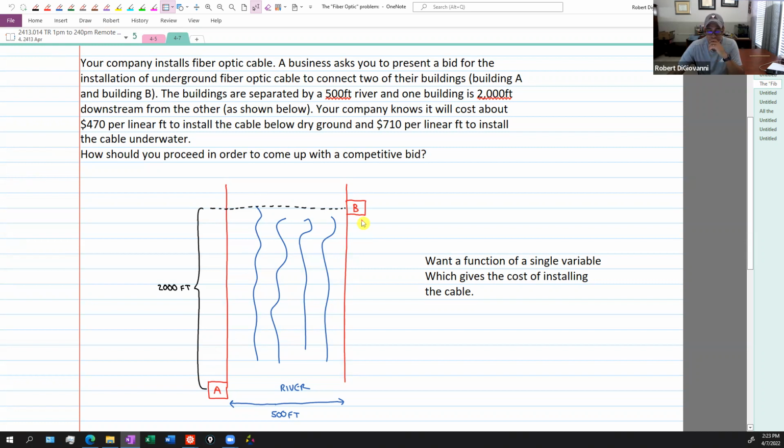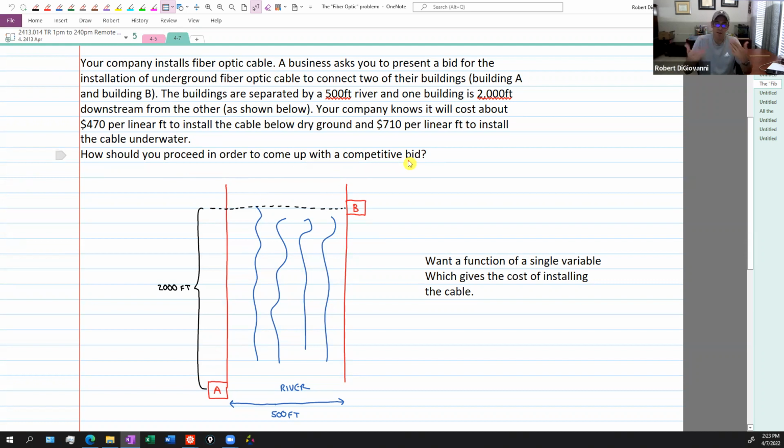And you're told that the company knows that it will cost about $470 per linear foot to install the cable below dry ground and $710 per linear foot to install the cable underwater. So, how should you proceed in order to come up with a competitive bid?